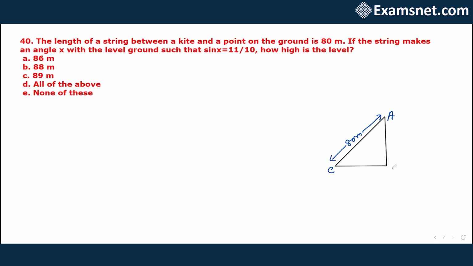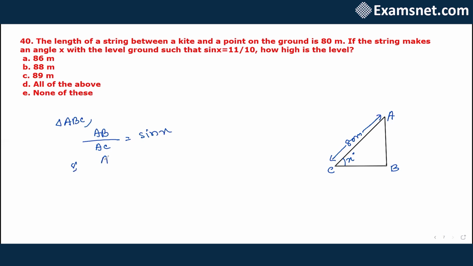There is a point B on the ground just vertically below the kite. We are given that the string makes an angle x with the level ground such that sin x equals 11 by 10. So let's consider the right angle triangle ABC. From it we can write AB by AC as sine x.